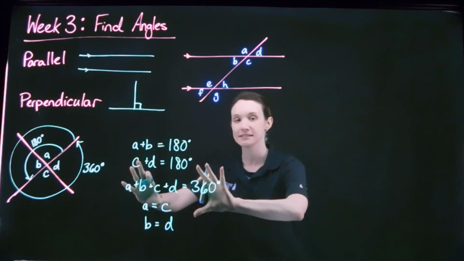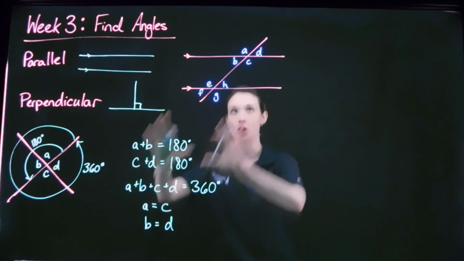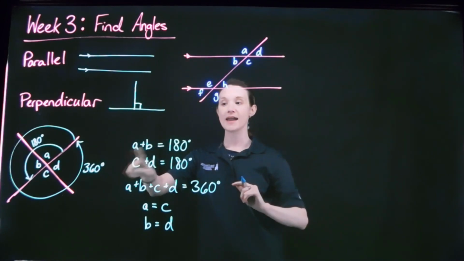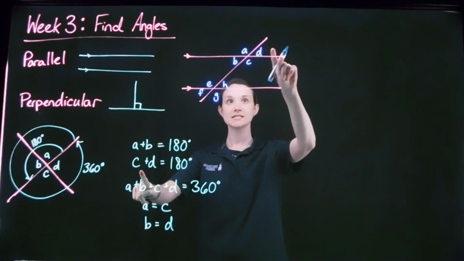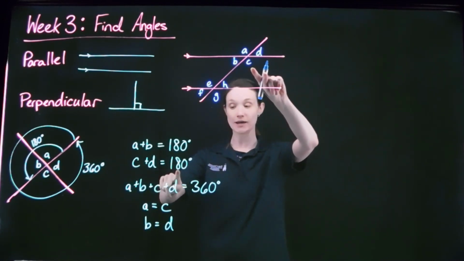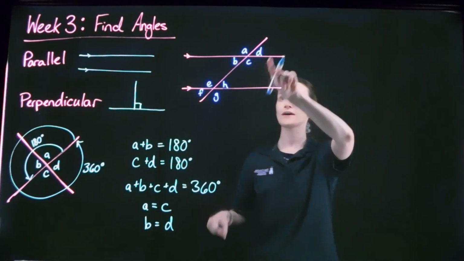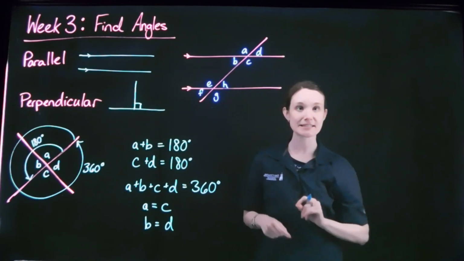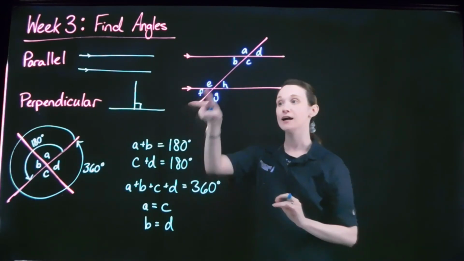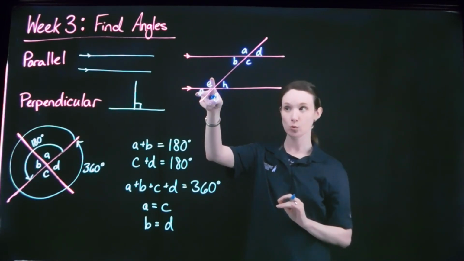Now, all of the ideas that we came up with down here are going to be the same. A plus B is still going to be 180. C plus D still also has to be 180. If I go all the way around A, B, C, and D, that's 360. Same thing applies. E plus F, 180.